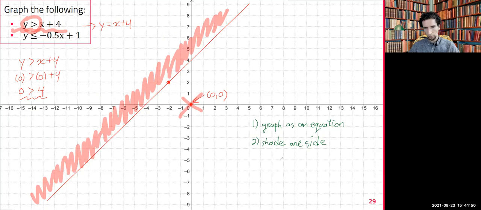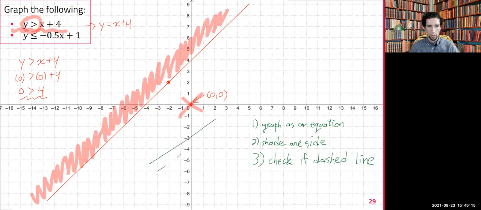Last thing, we've shaded the correct side here. Now we need to check if this should be a dashed line. A straight line would be this.